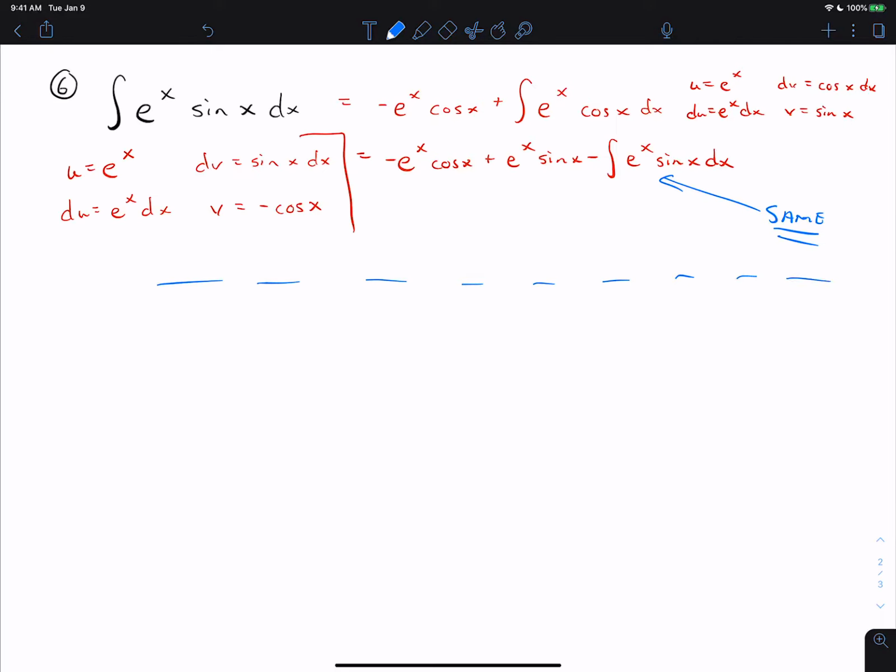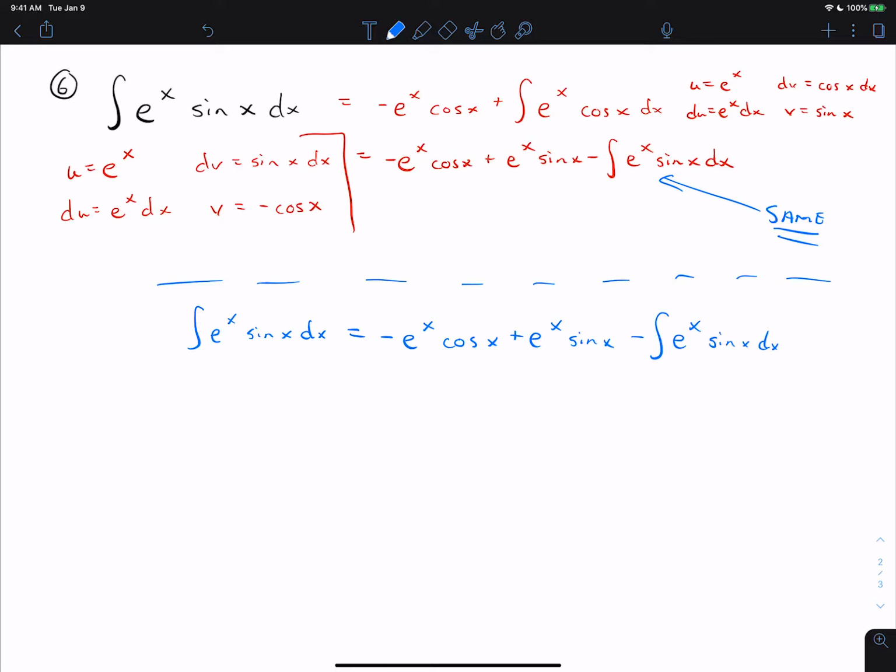So when that happened, we stop with that line of work. So we say, okay, let's stop and let's write out what we've figured out. So what we figured out is that the integral of e to the x sine x dx is equal to that very last line. So that's equal to negative e to the x cosine x plus e to the x sine x minus the integral of e to the x sine x dx. We're now going to use that equation to solve for the integral.